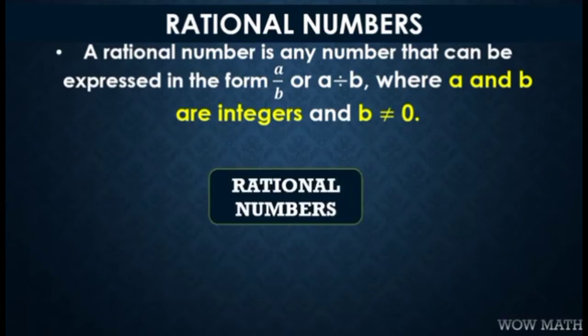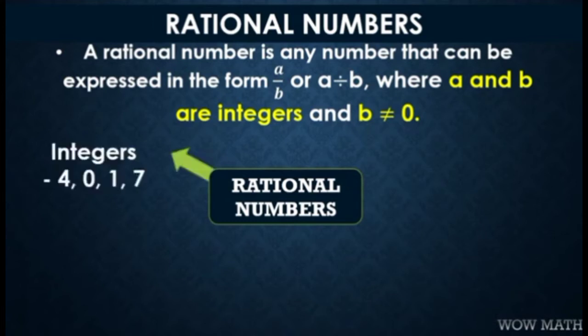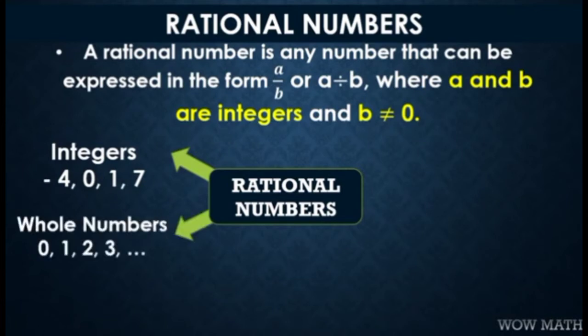Let's have an example of rational numbers. Under integers, we have -4, 0, 1, 7, and all negative integers, 0, and positive integers. Under integers, we have here the whole numbers, so here 0 comes in, and all the positive integers.